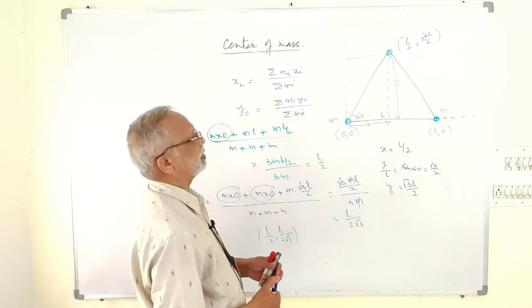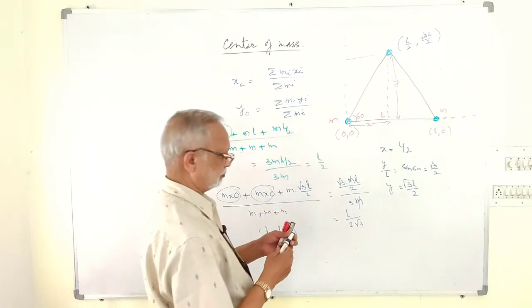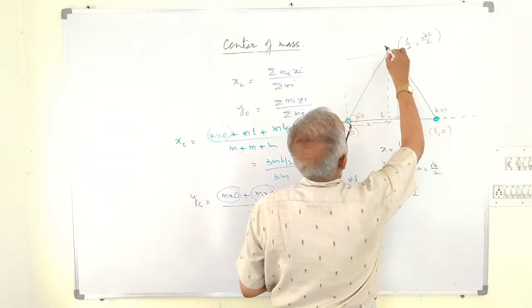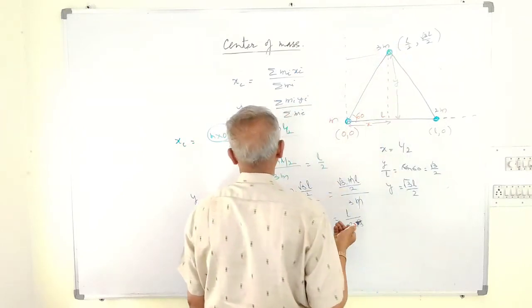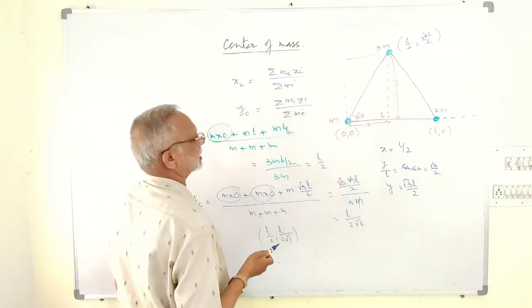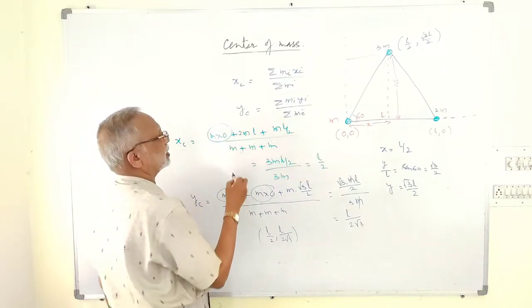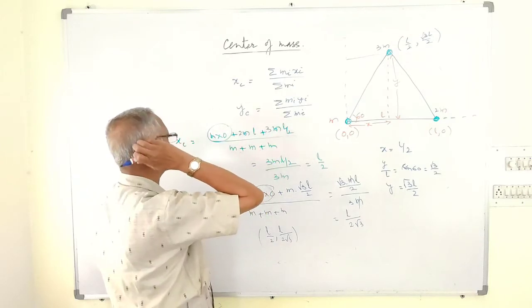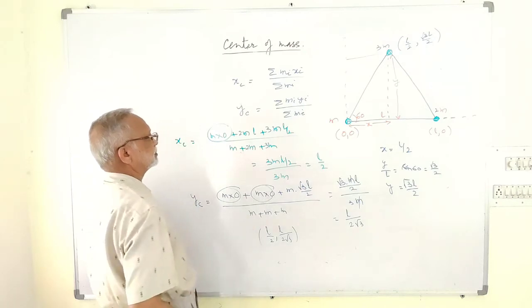Now let us change the masses. This is m, this is 2m, and this is 3m. As before, you can write x is equal to m into 0 plus 2m into L plus 3m into L by 2, divided by m plus 2m plus 3m.